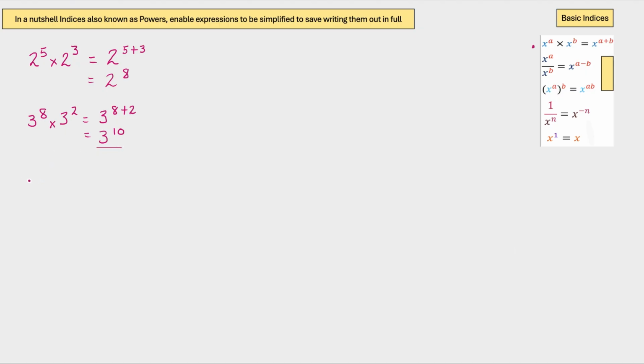Next, we'll do y to the power of 2 times y to the power of 2. So it's 2 y's, 2 plus 2. You've got it, it's y to the power of 4.